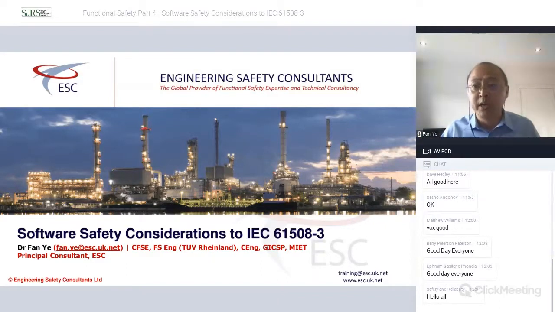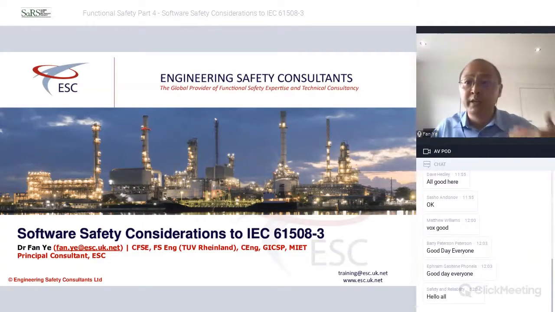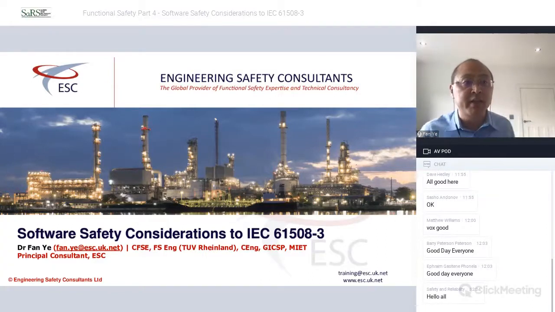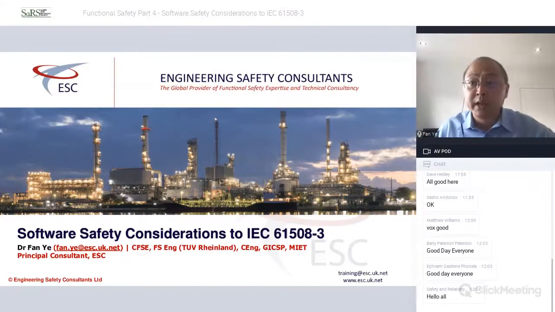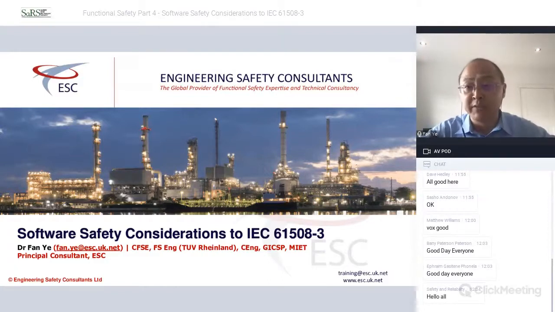the SIL determination methods. In this webinar, what we're talking about is quite different from what you have been hearing on those functional safety aspects, mostly focusing on initial hazard identification, risk assessment, and focusing on SIL determination, probably SIL verification as well, focusing on calculations of random hardware failures, etc. But this time we're looking at software safety, and software safety is quite different from those random hardware aspects.